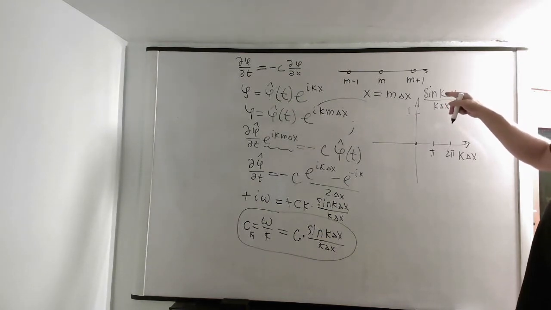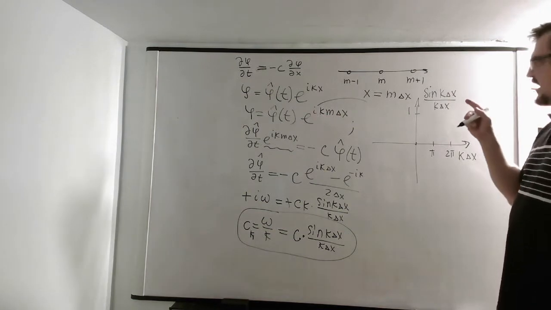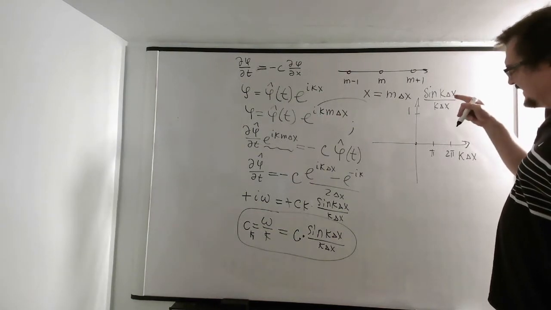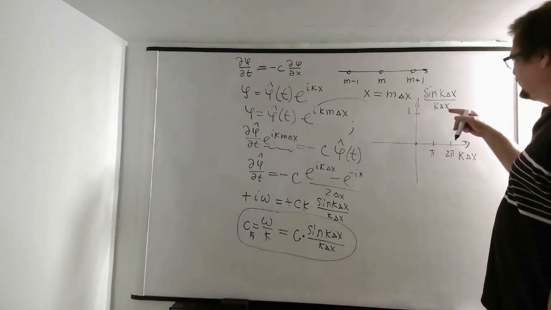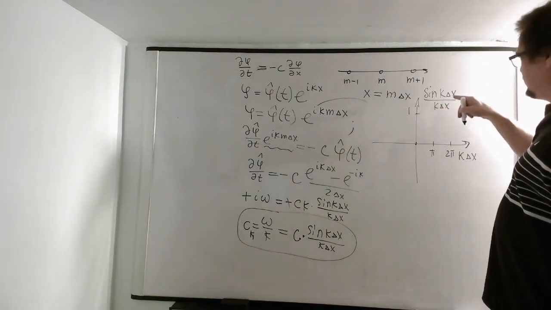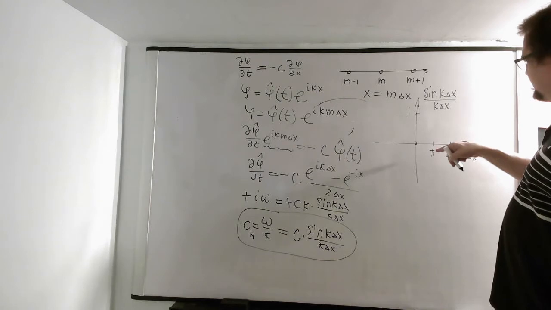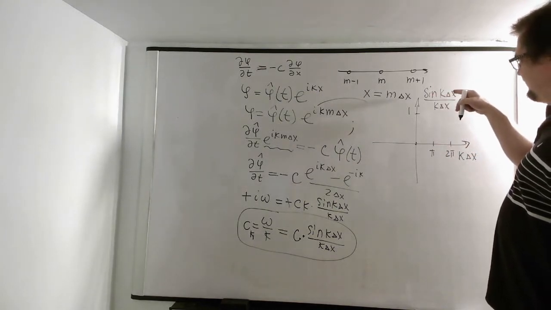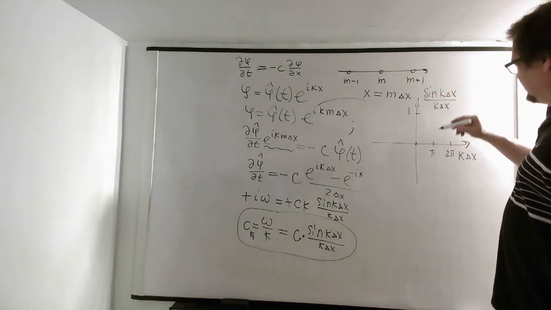When x goes to 0, it asymptotically approaches 1. And then when k delta x equals pi, it will vanish, and so on.